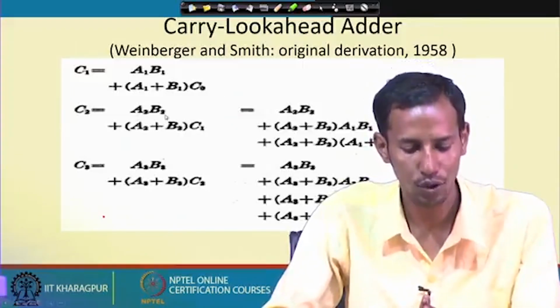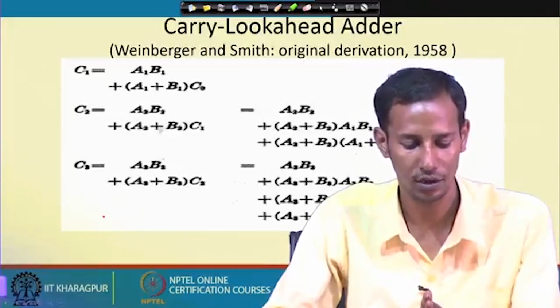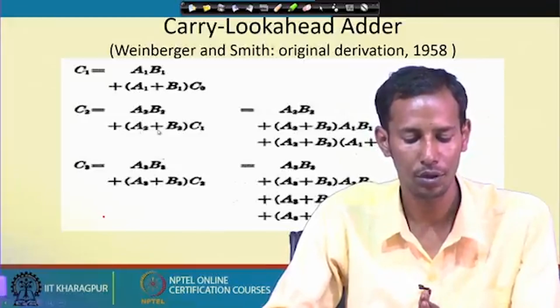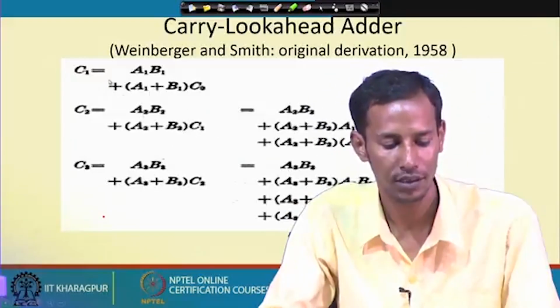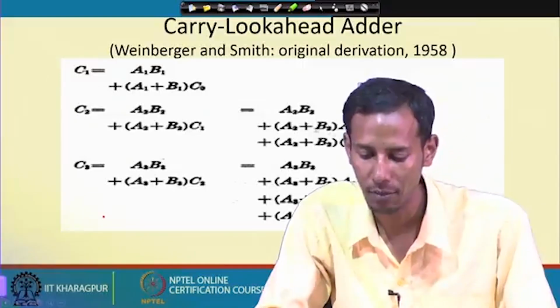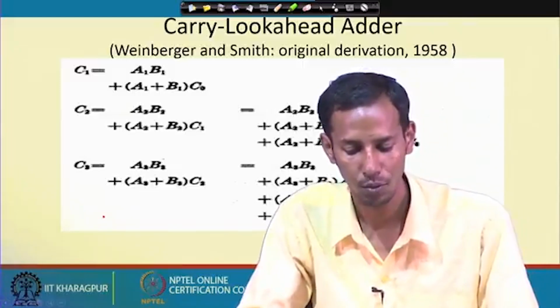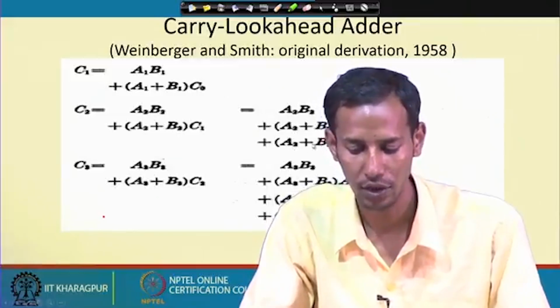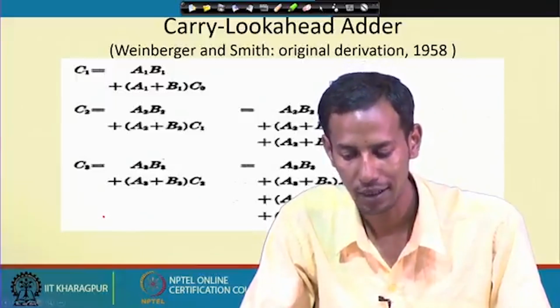Then C2 is written as A2 B2 plus, this is the OR operation and this is the XOR operation, A2 XOR B2 into C1. Now if I put this C1 in this particular equation, what will it be? It will be A2 B2 plus A2 XOR B2 into A1 B1, plus A2 XOR B2 into A1 XOR B1 into C0.